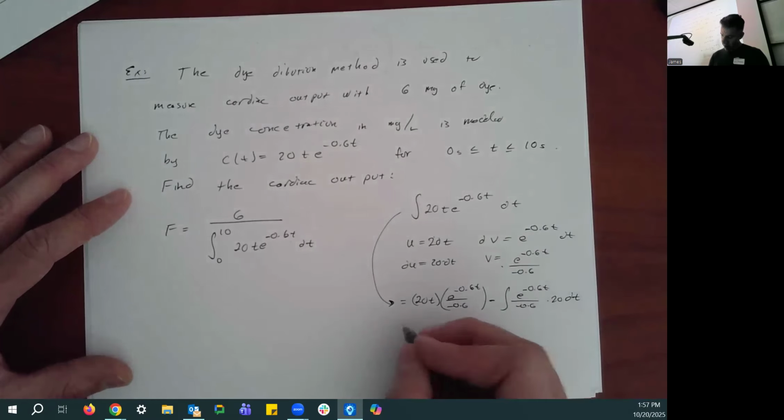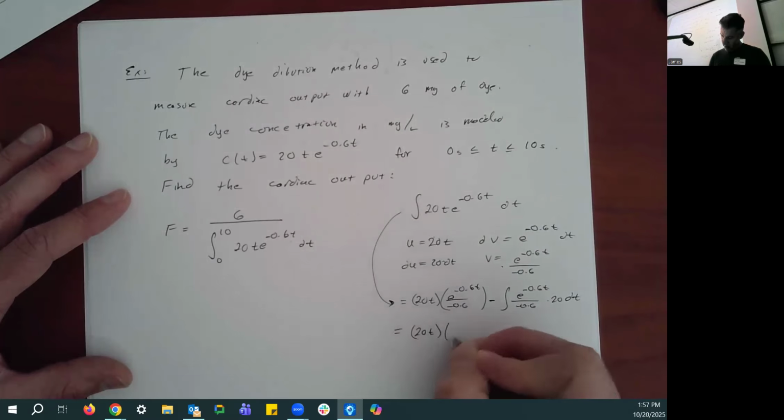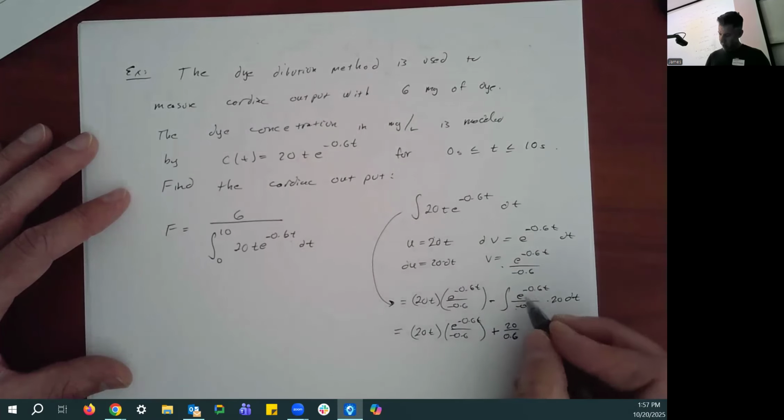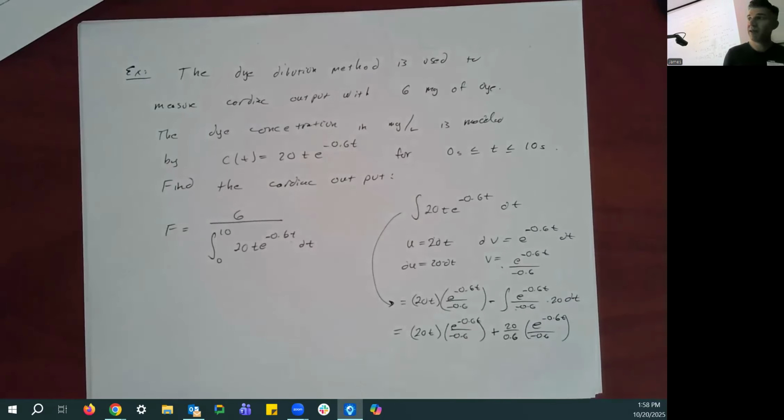So we're going to have 20t times e to the negative 0.6 T divided by negative 0.6, and then plus 20 divided by 0.6, because it's a minus. And when you integrate e to the negative 0.6 t, you get e to the negative 0.6 t divided by negative 0.6 again. And then you plug in 10 and 0, and all that is the denominator part.